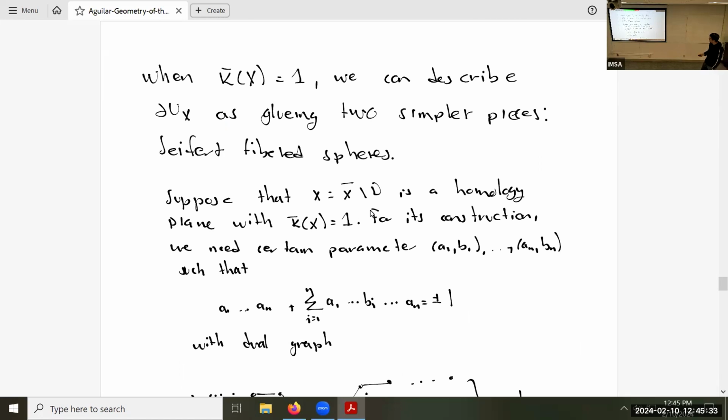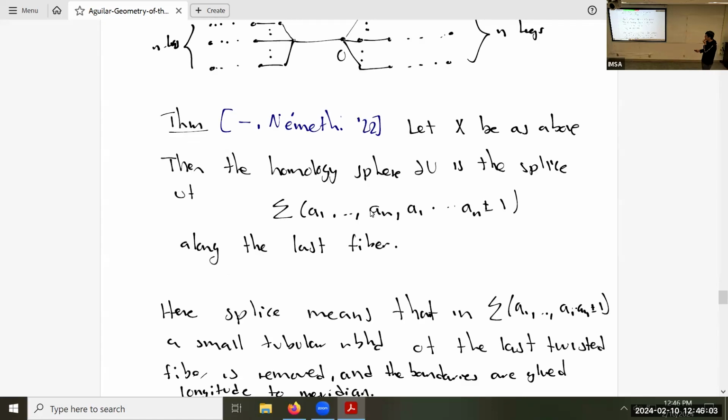When you are constructing these homology planes of logarithmic Kodaira dimension 1, I told you that those depend on some numerical invariants, A1, B1, up to An, Bn, and they should satisfy some relation that basically imposes the condition that the homology H1 is trivial. And if you blow up this arrangement of lines that I gave you at the beginning of the talk, you will end up with something that looks like this.